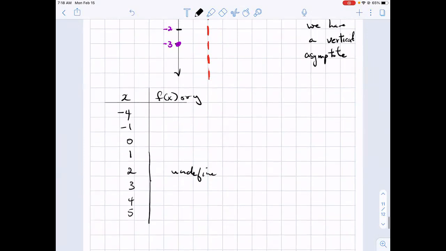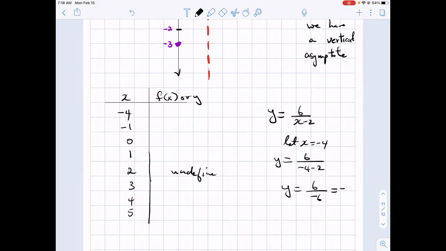Now, remember, the function is y equals 6 over x minus 2. So if you let x equal minus 4, we have y is equal to 6 over minus 4 minus 2. Y is equal to 6 over minus 6, which is equal to negative 1. And I take that negative 1 and put it here.